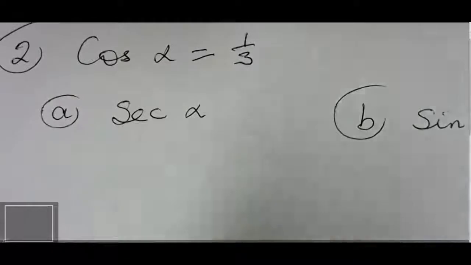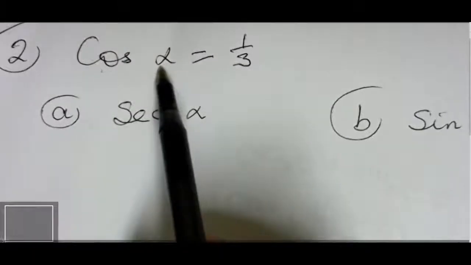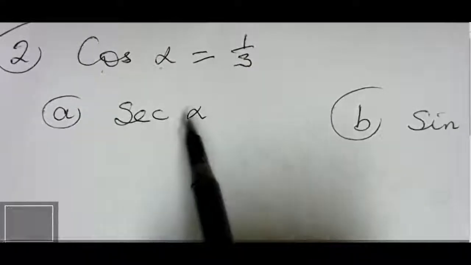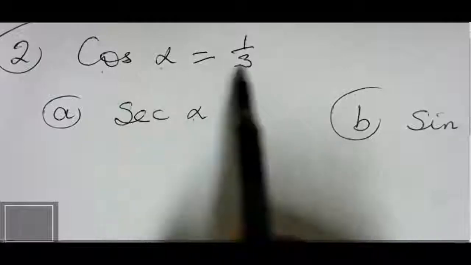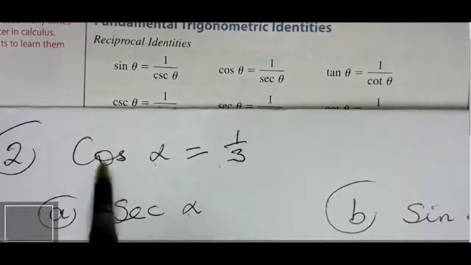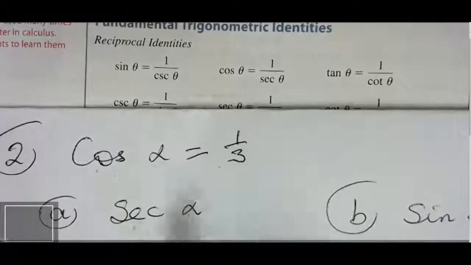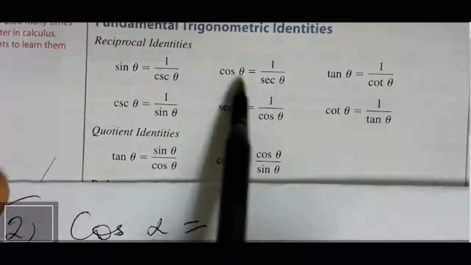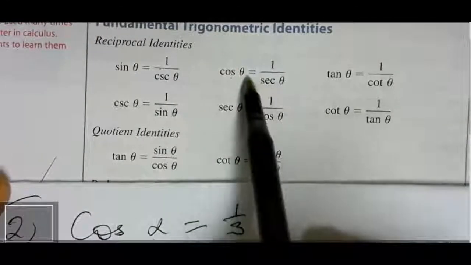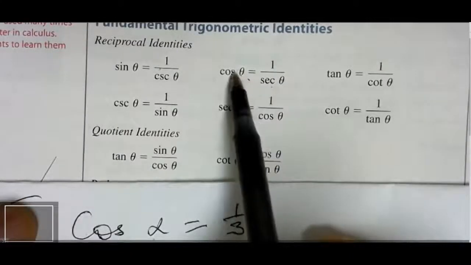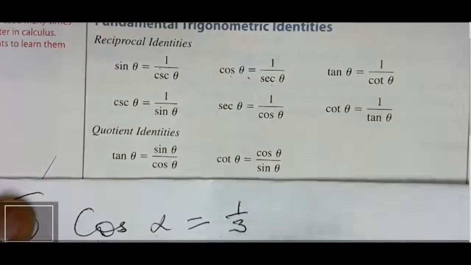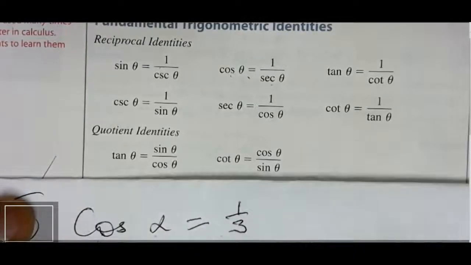Let's look at another example quickly. They gave us cosine alpha is 1/3, and we need to find secant alpha. If we don't have any direct way, we can look at the identities. Is there any connection between cosine and secant? We know that cosine theta is equal to 1 over secant theta.